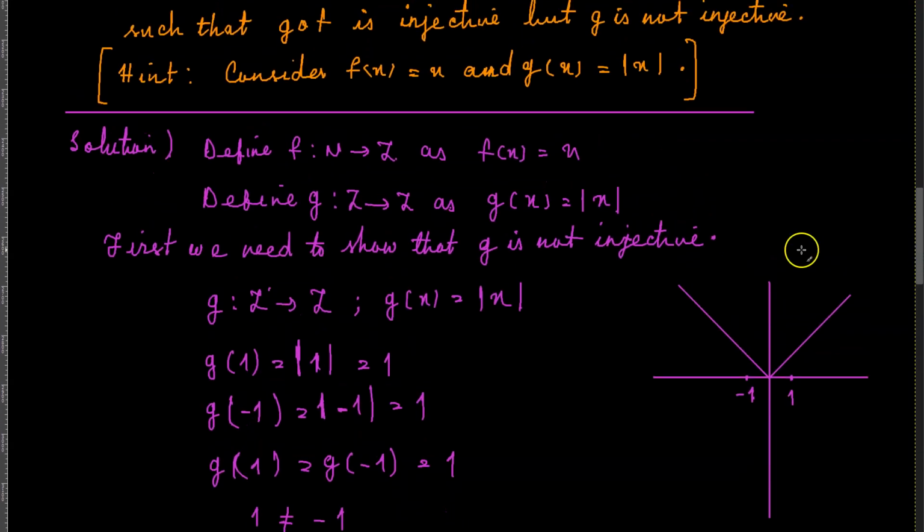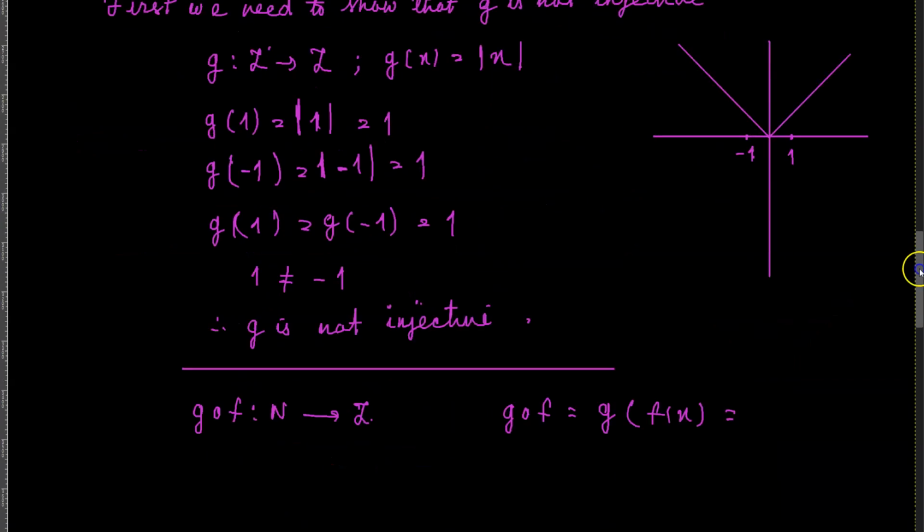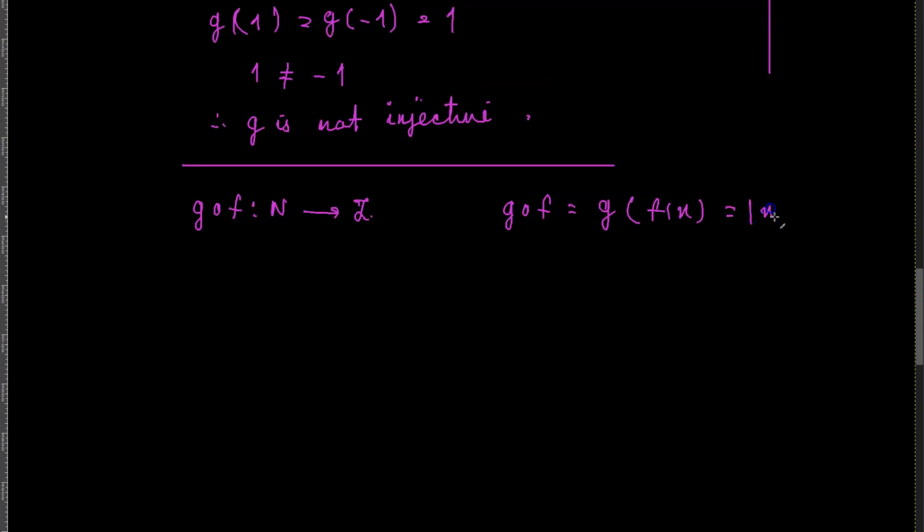Now g here is the absolute value of x, and f of x is equal to x, so g of f of x becomes again the same thing, the absolute value of x. So g of f of x is equal to the absolute value of x.